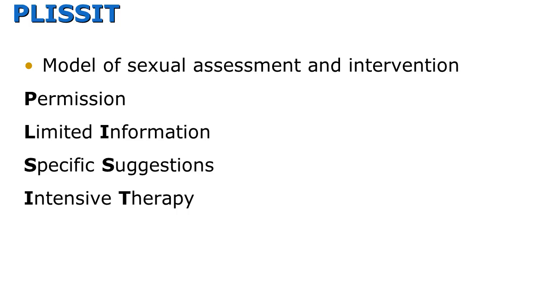That discussion progresses where the nurse now would provide specific suggestions regarding interventions for those sexual concerns. And the last thing, which is intensive therapy, is reserved to those specialized in this area, such as sex therapy and those individuals.